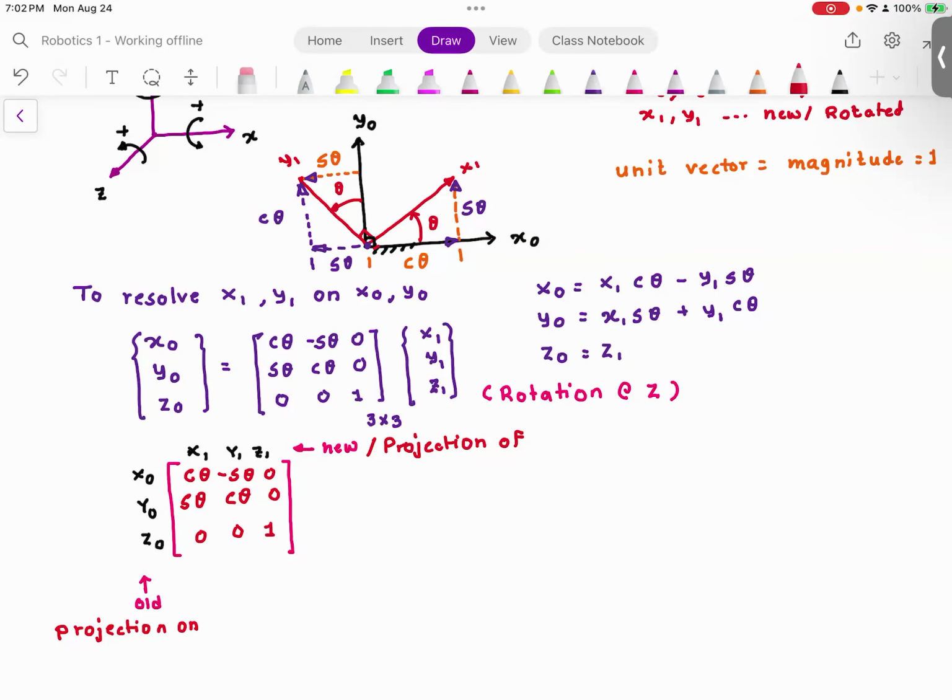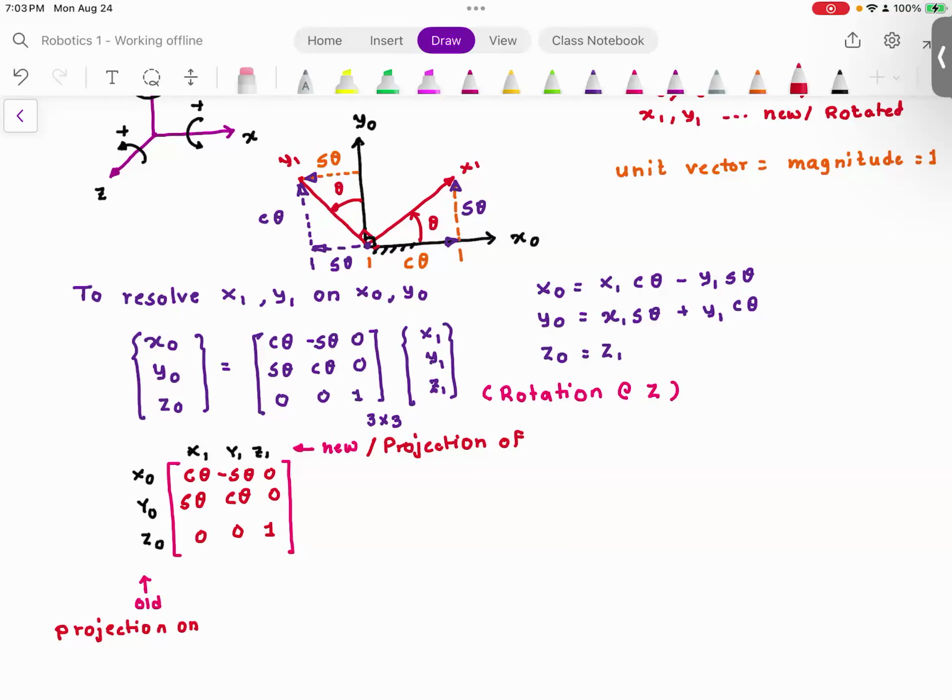So can you see that you got the same rotation matrix that we derived from the vector algebra or matrix algebra? Any question? Once again, when we start solving forward kinematics problems, this rotation matrix, the rotation about z, will always come, and you should remember this. Cosine theta, minus sine theta, sine theta, cosine theta.